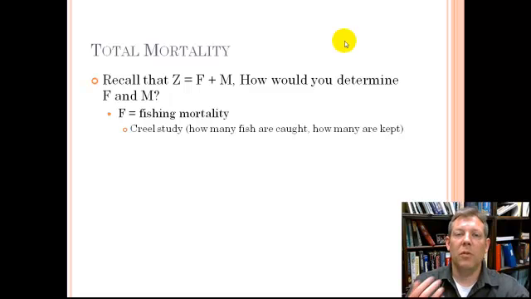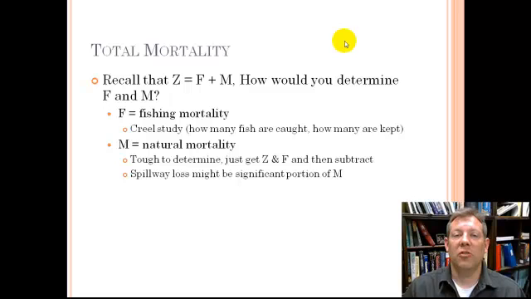So if we do that, then we can calculate big F. Well, then we can just subtract to get M. M is really tough. It's really tough to figure out how fish are dying via natural mortality. So usually we have Z, we get F, we subtract to get M.